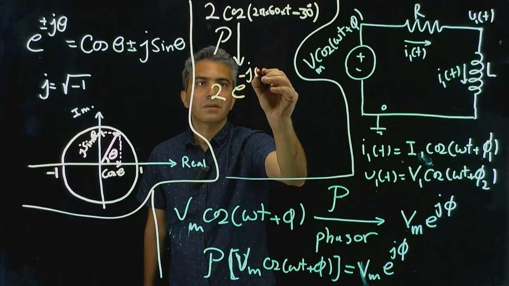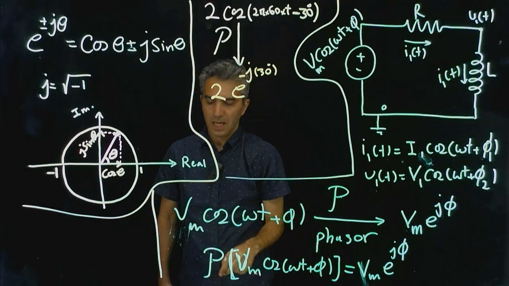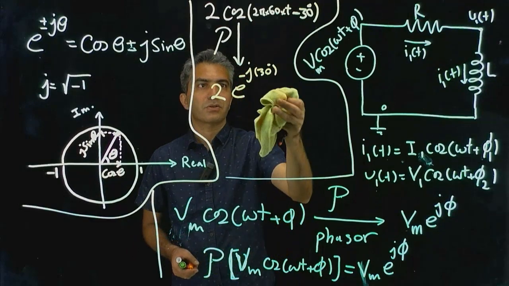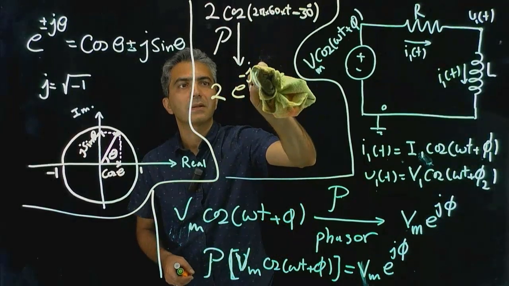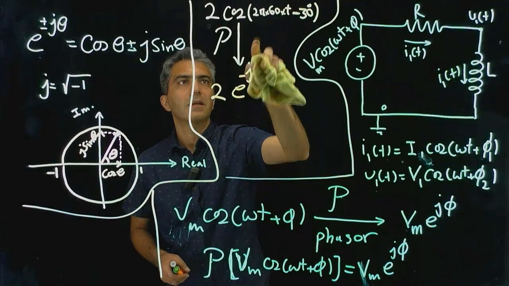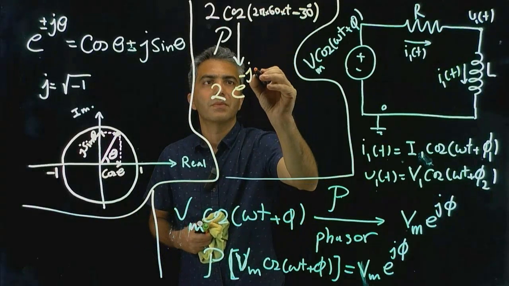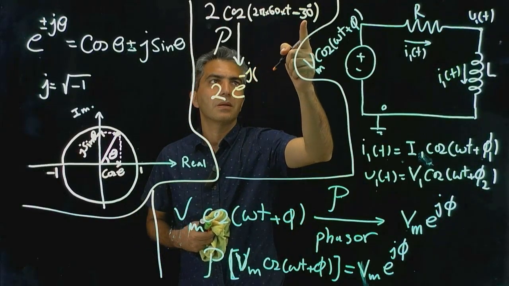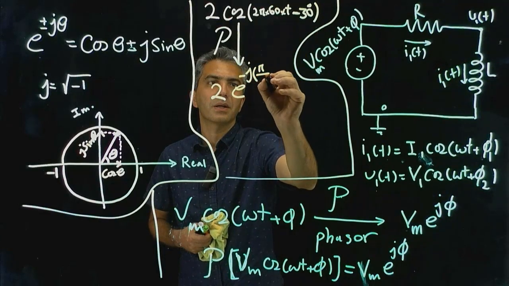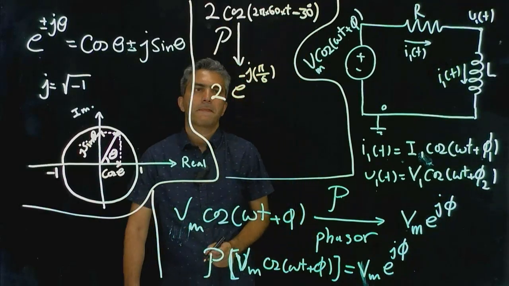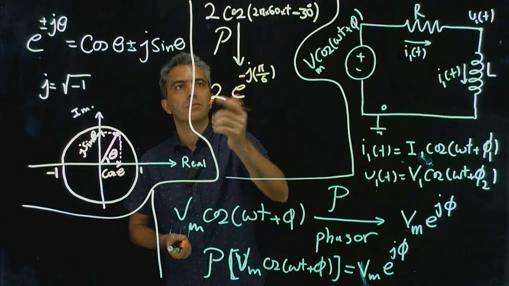If you want to turn this into radians, which is not a bad idea to be consistent, because that's what we have done here, that becomes minus pi over 6. Okay, so this is the phasor representation.